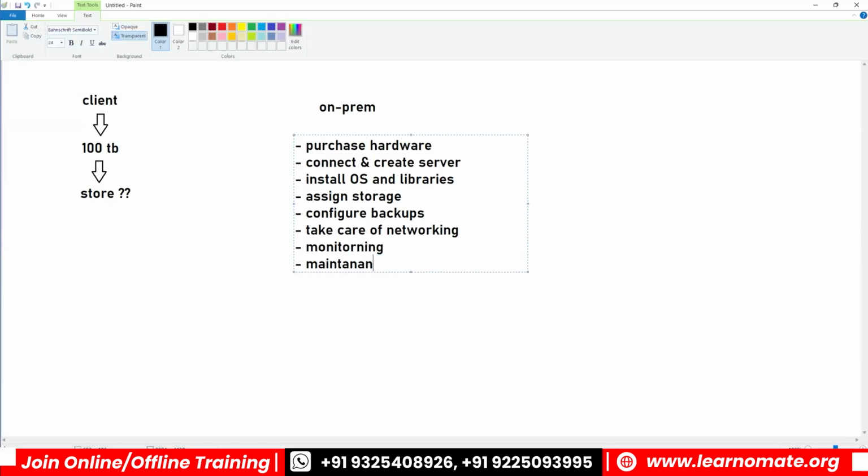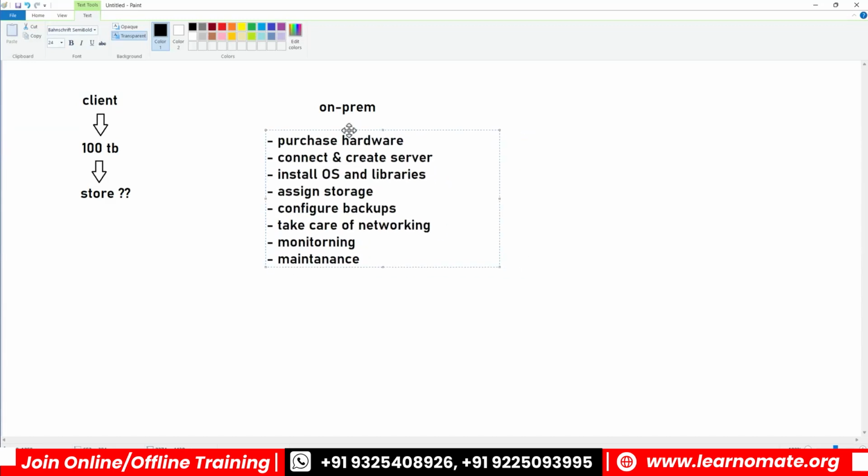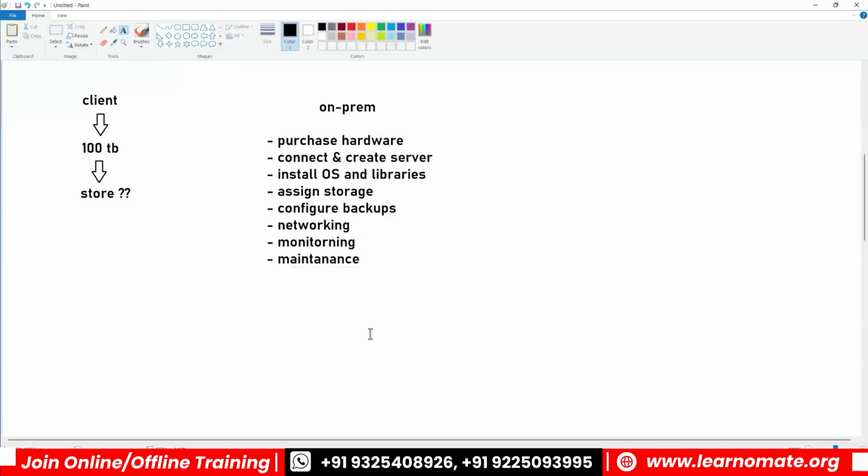So there are many things. I'm just giving you some of the details, like when you are working in the on-premises environment, when you do not have a cloud platform available. If you wanted to store 100 terabytes of data, you need to first purchase the hardware, create machines out of it, install the operating system, assign the storage, backups, networking, monitoring and maintenance, all of these things.